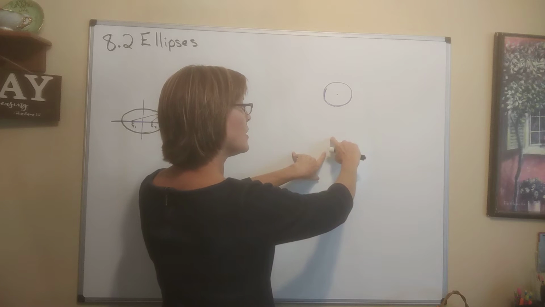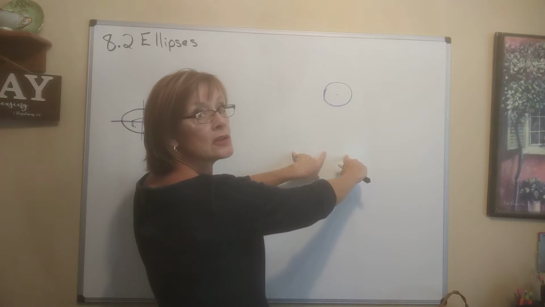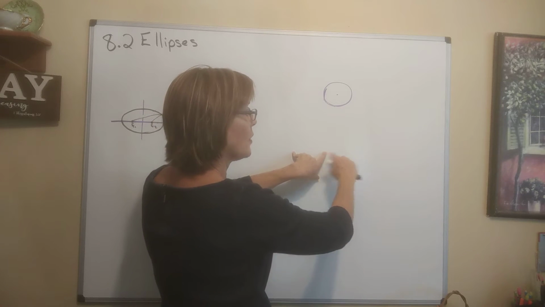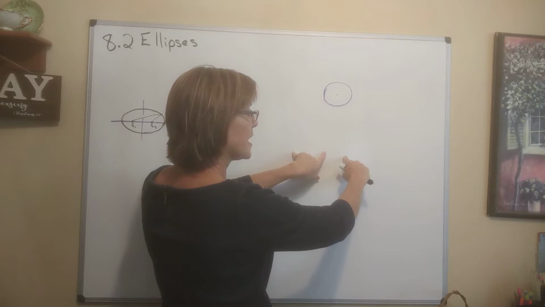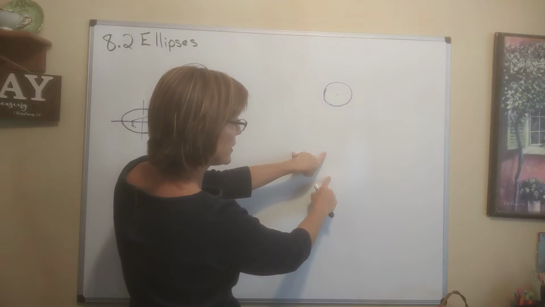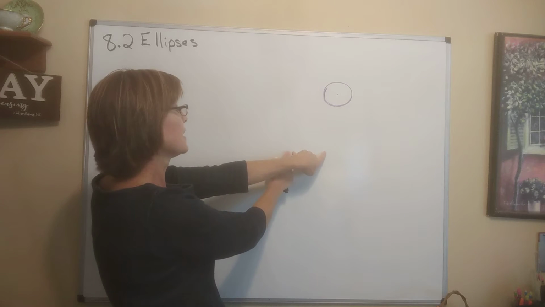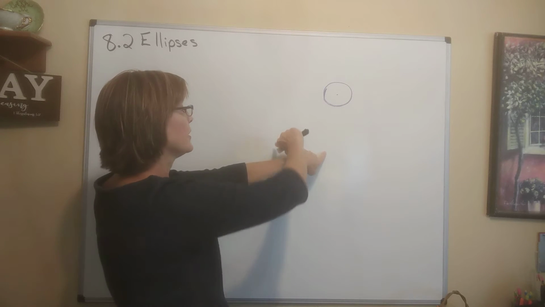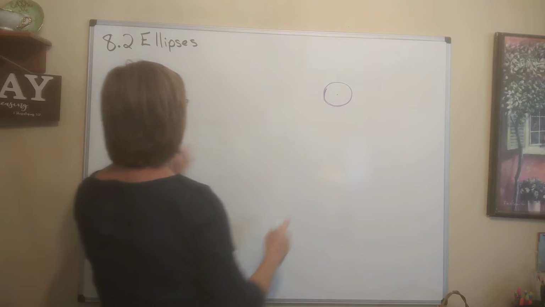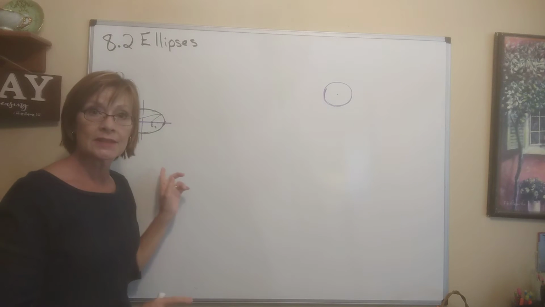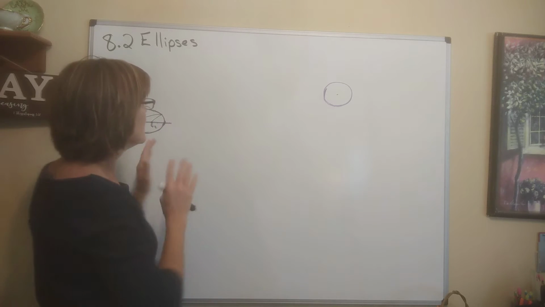Can you imagine in your mind that the two parts of your string almost look like a line, they're the same, and then they start splitting apart and draw around here, and at this point they both look like a line again, and you would draw all the way around. That is how an ellipse is defined in terms of distances.